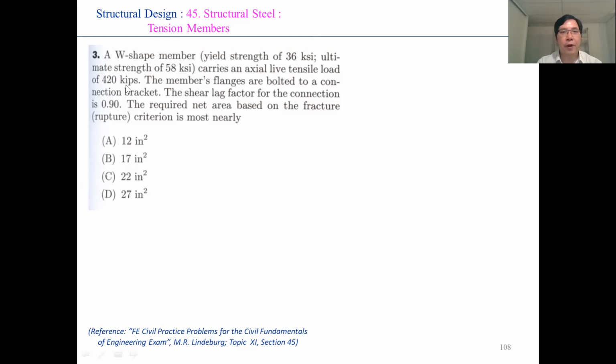The member's flanges are bolted to a connection bracket. The shear lag factor for the connection is 0.9. The required net area based on the fracture criterion is most nearly... They give you 4 possible options, A, B, C, D.